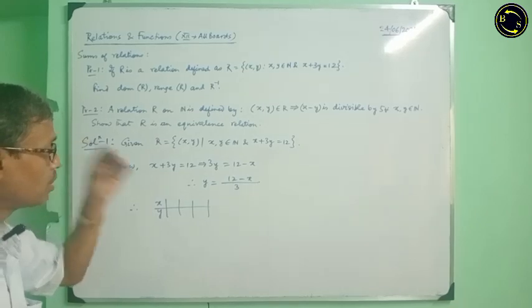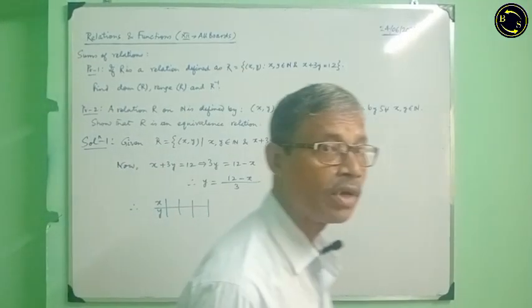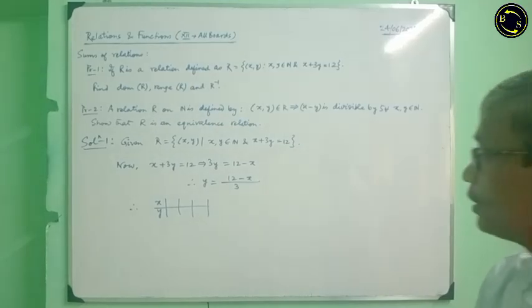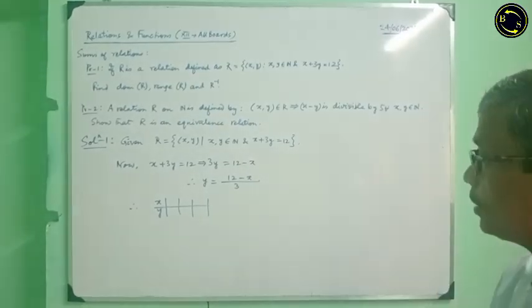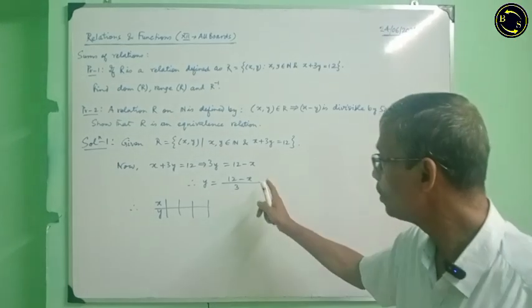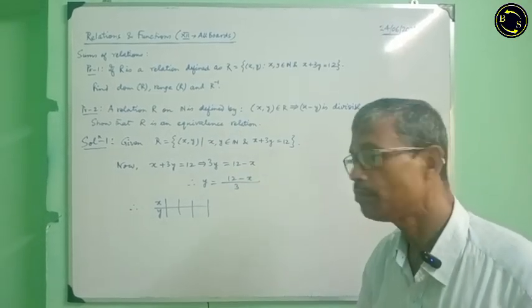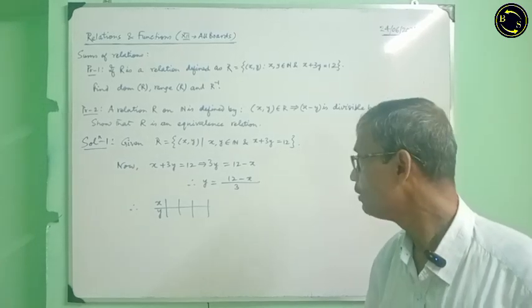First of all, we start by taking x equal to 1, then 12 minus 1 divided by 3, that is not integer as well as natural number. Next we take x equal to 2, then the result will be 10 by 3, not integral value.